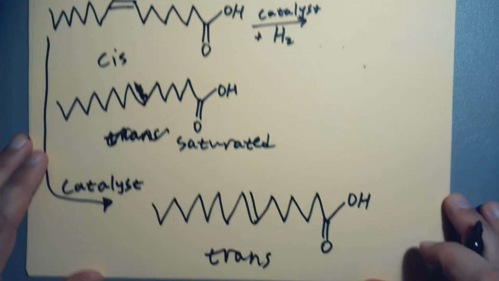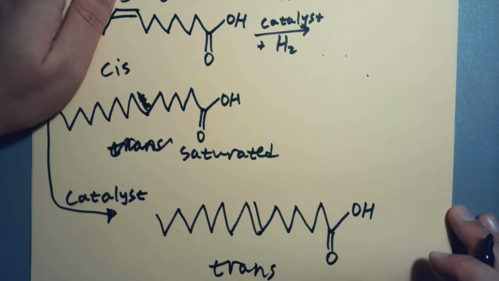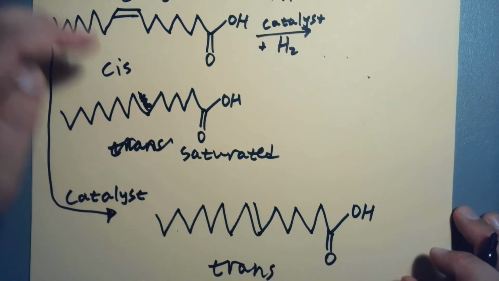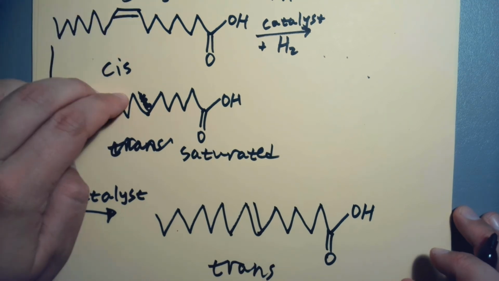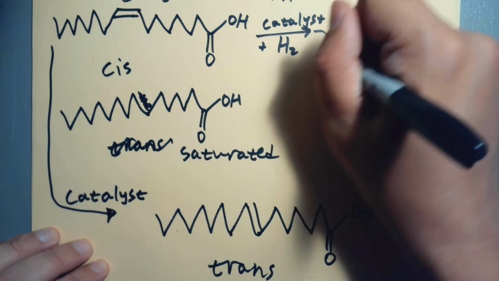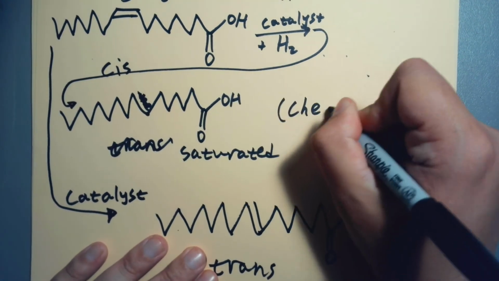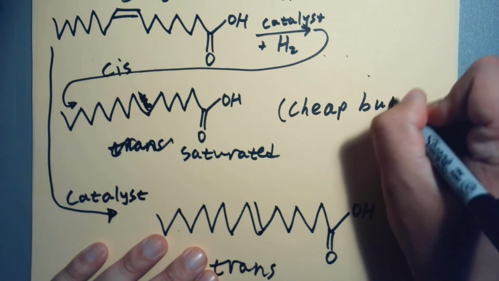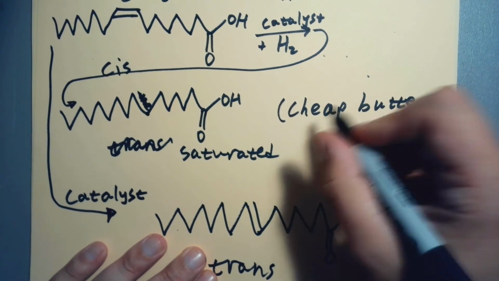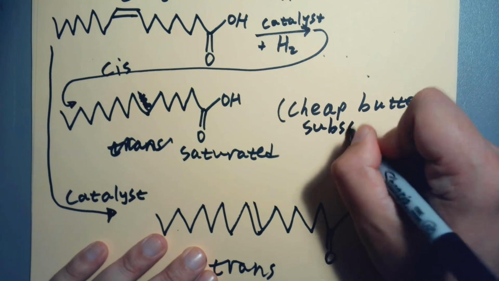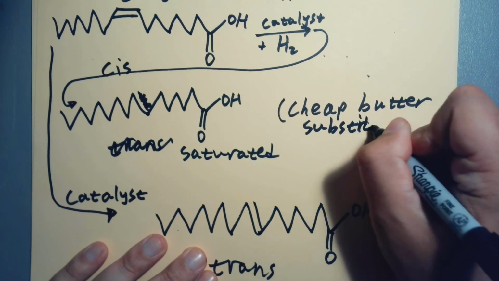So what can happen is, you want to make a saturated fat cheaply. You take an oil, you hydrogenate it. That's what happens. So we get basically a cheap butter substitute. If you are making Twinkies for a living, this will increase your profit margin greatly.